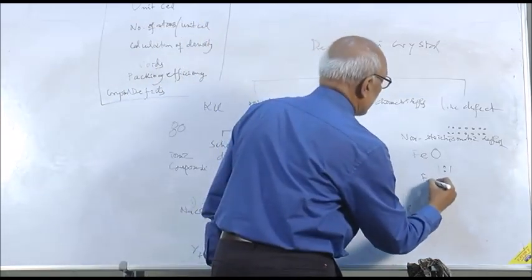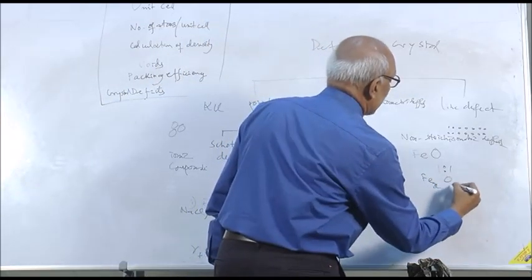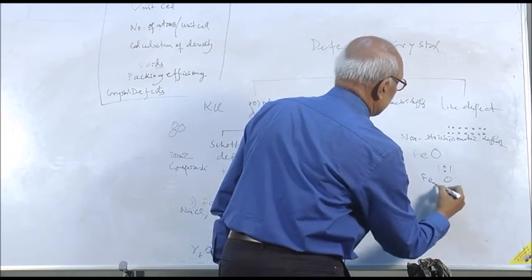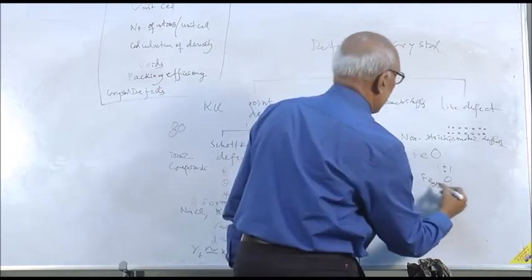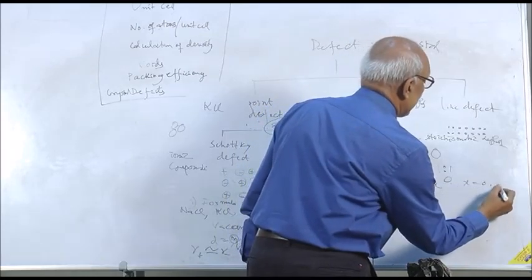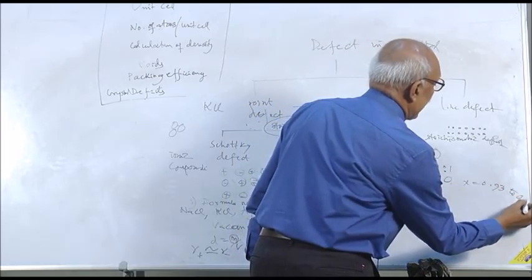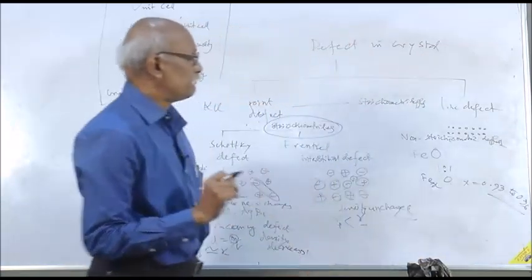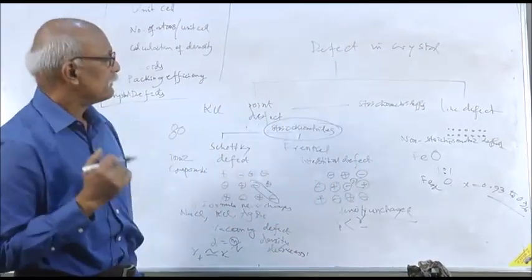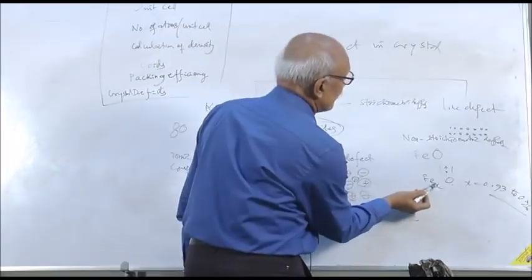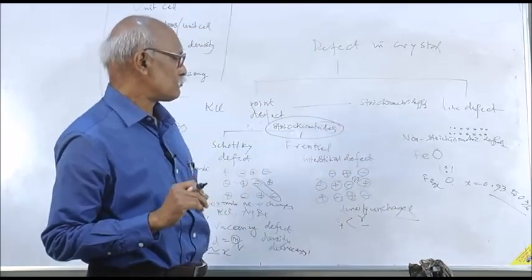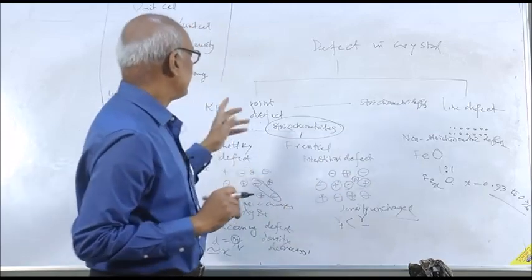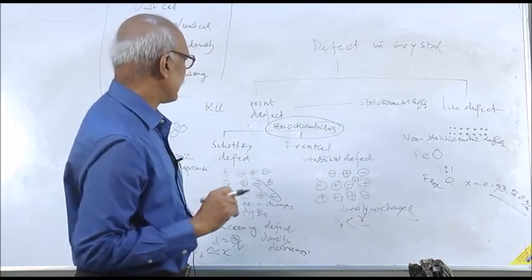That means it is FeXO, where X is 0.93 to 0.96, which is less than 1. So in this case, a non-stoichiometric defect occurs.